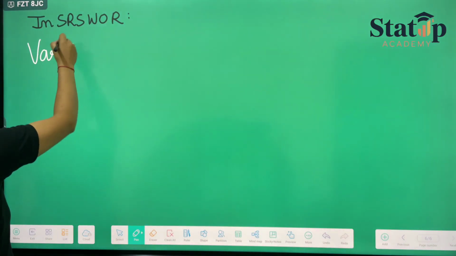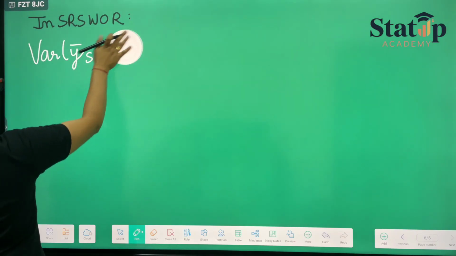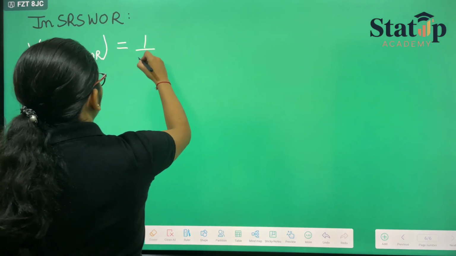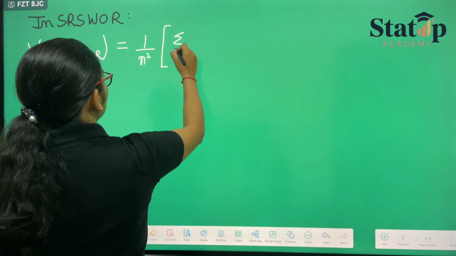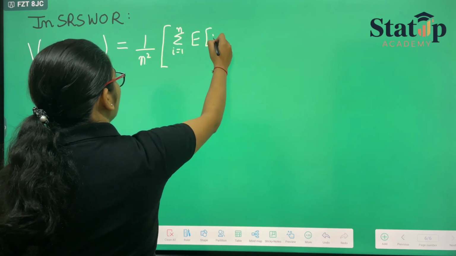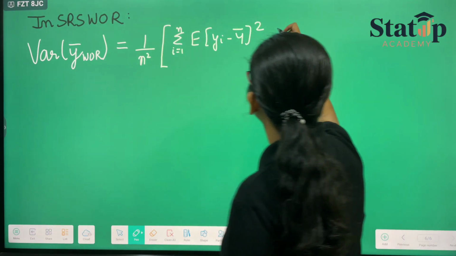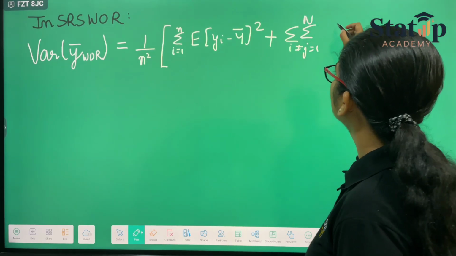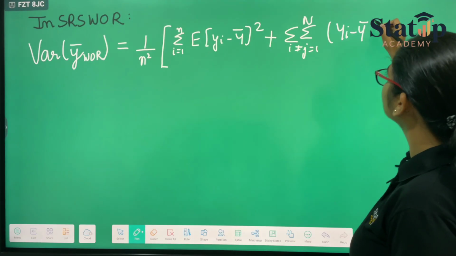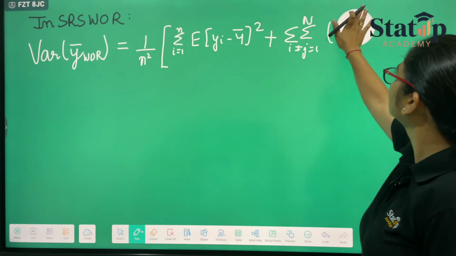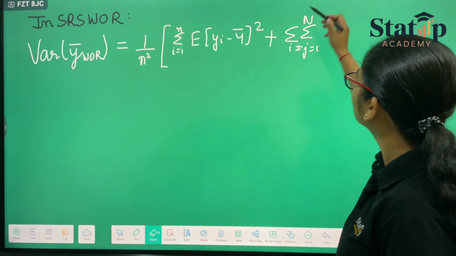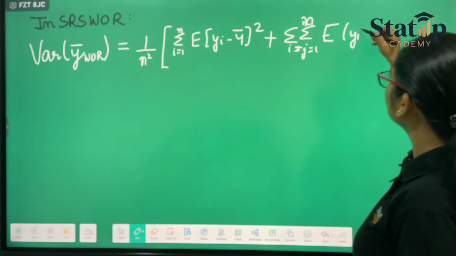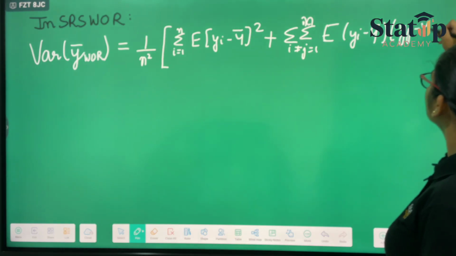So variance of y bar in WOR, without replacement, is given by 1 upon n square, summation i goes from 1 to n expectation of (yi minus y bar) whole square, plus summation i not equal to j goes from 1 to capital N of (yi minus y bar) into (yj minus y bar).